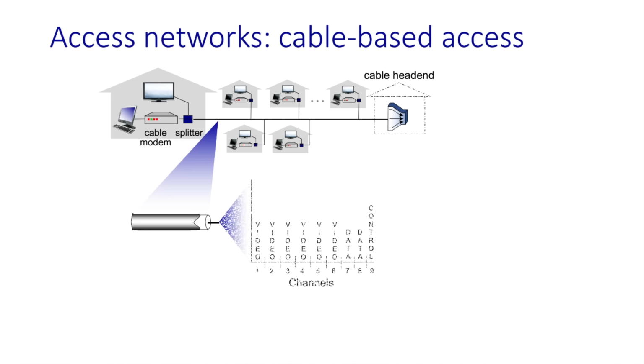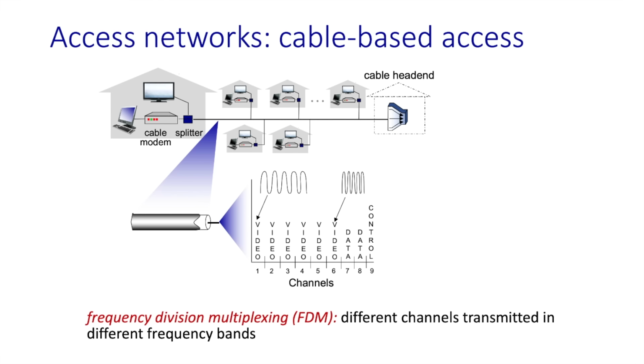The signals to and from these houses are sent on the cable at different frequencies. Signals sent at different frequencies don't interfere with each other, just like FM radio. With FM, different stations can transmit on different frequencies, and we tune into the frequency that we want. Cable access networks are based on the same approach, known as frequency division multiplexing, or FDM.